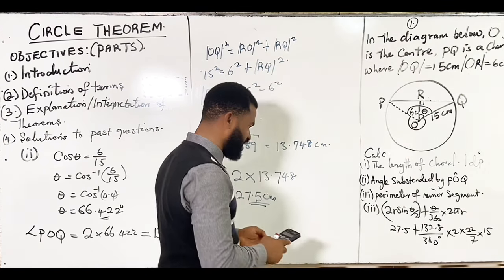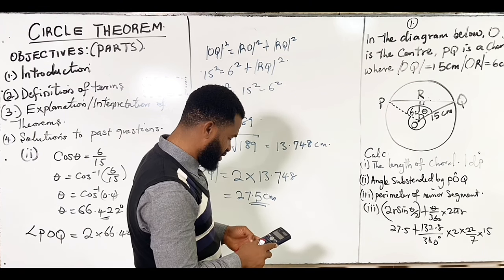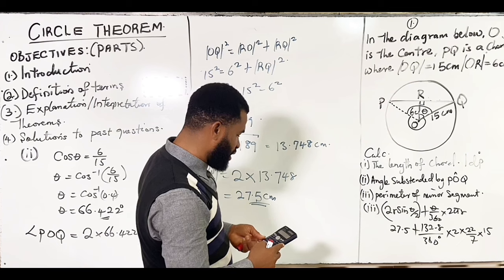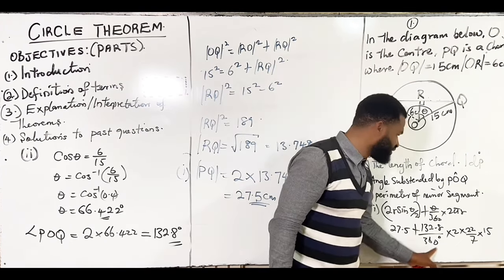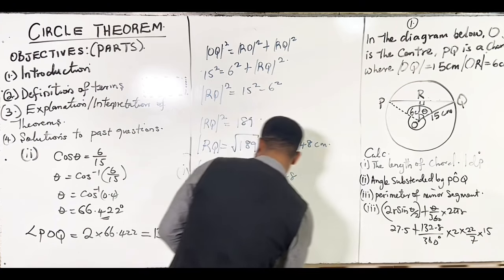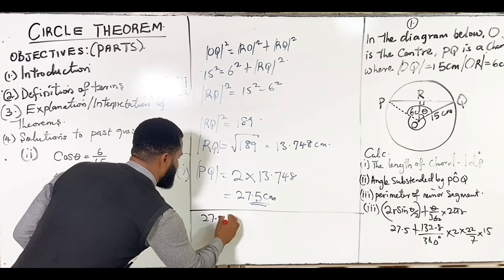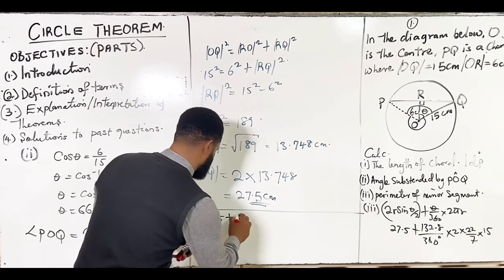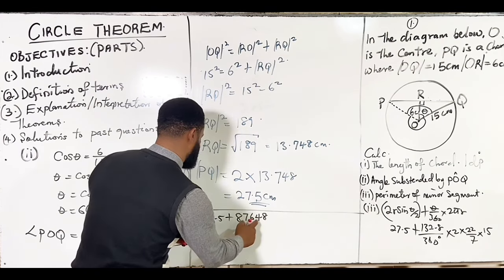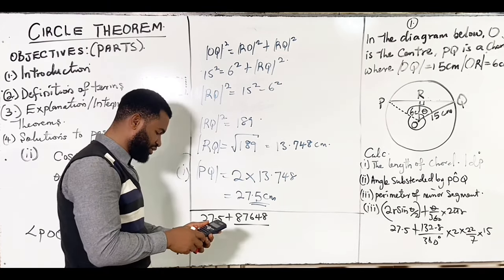So I'm going to say 132.8 times 2 times 22 times 15 divided by 360 times 7. Okay, fine. Let me finish it here to avoid mistakes. 27.5 plus 87648 divided by 360 times 7, which should be 2520.